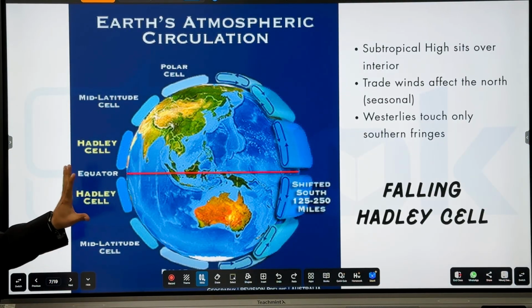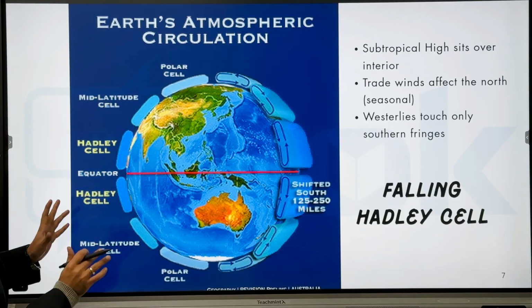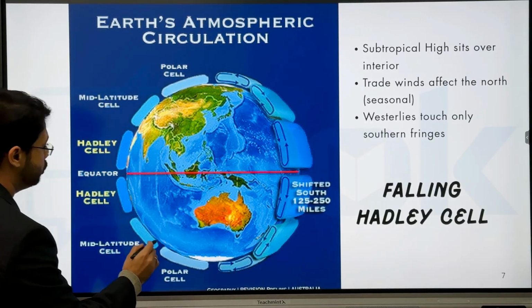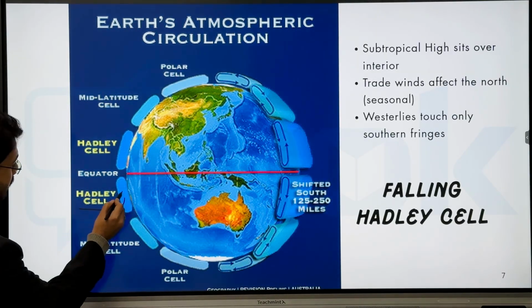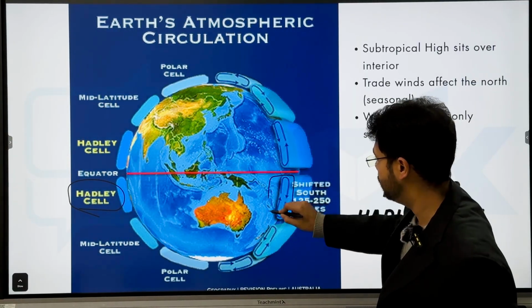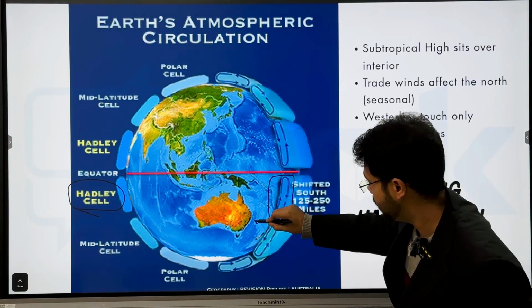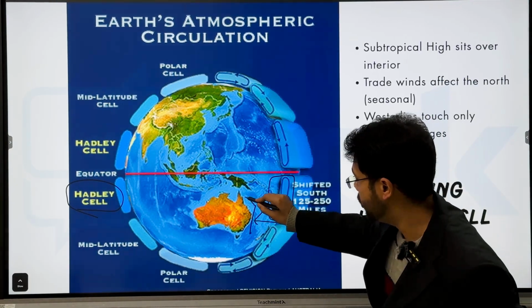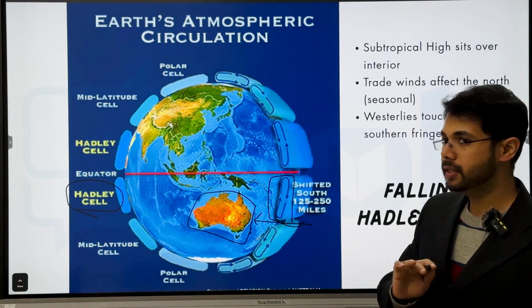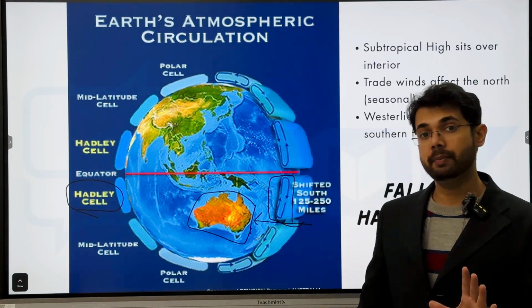Now we're looking at the Hadley cells. I found this diagram, extremely hazy, I understand. What I want you to focus on is the falling Hadley cell, shown here, falling smack in the middle of Australia. What is the Hadley cell associated with? It is associated with falling air and high pressure.